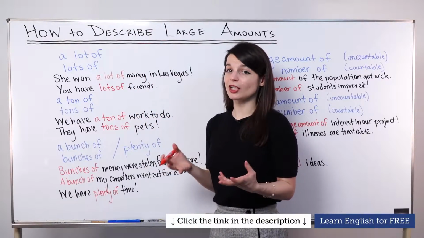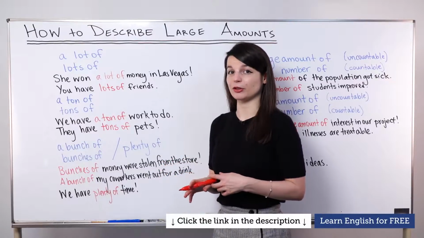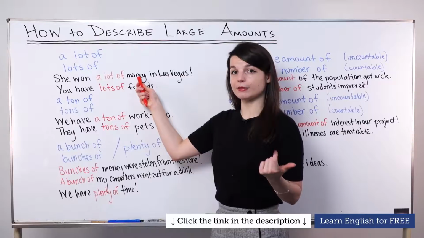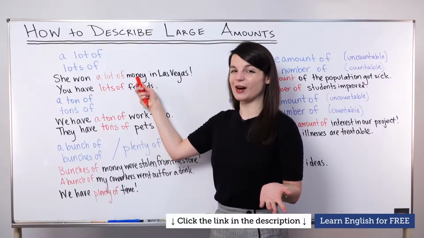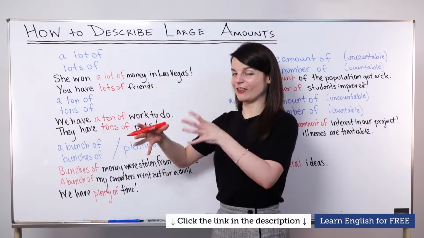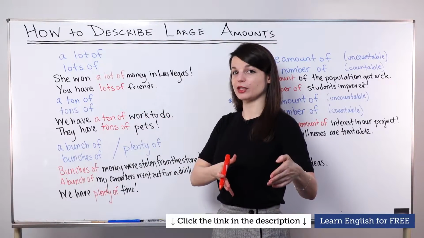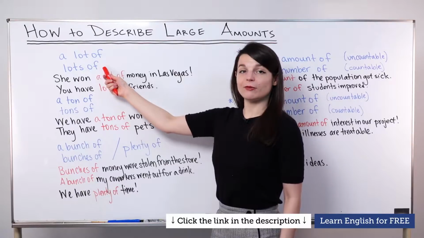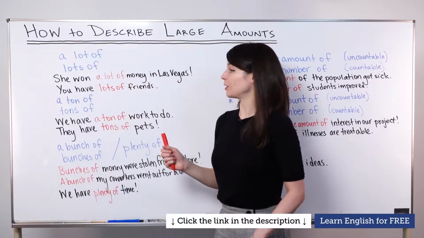Uncountable nouns are not used in this way to create the plural form. For example, uncountable nouns are words like money, air, time, beer, wine. We can't count these individually. We use counter words for those. So, we can use a lot of and lots of with both countable and uncountable nouns.